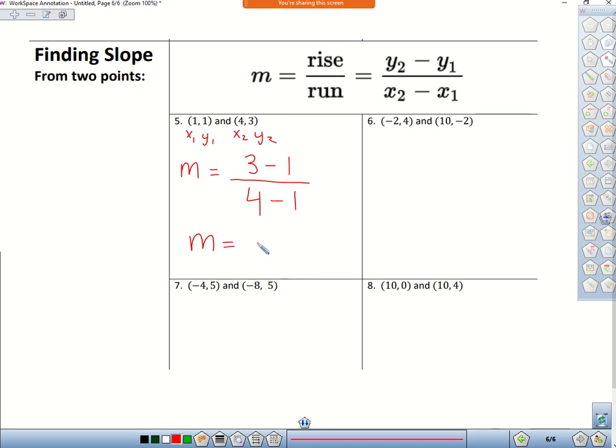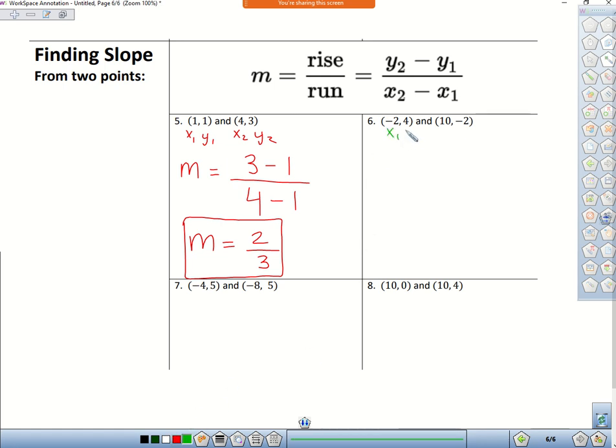That gives me m equals 2 over 3. Makes sense?